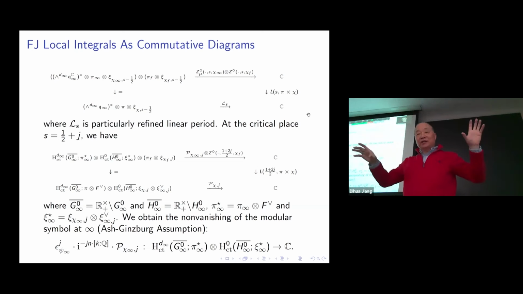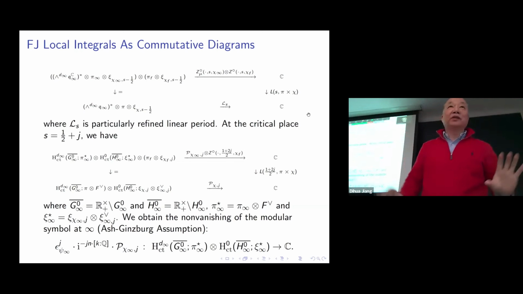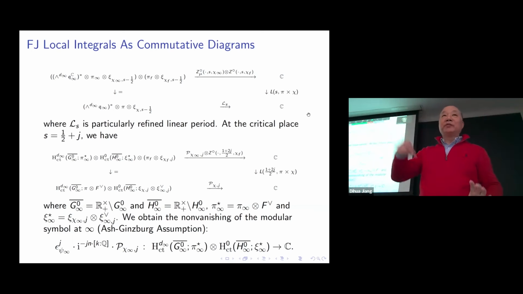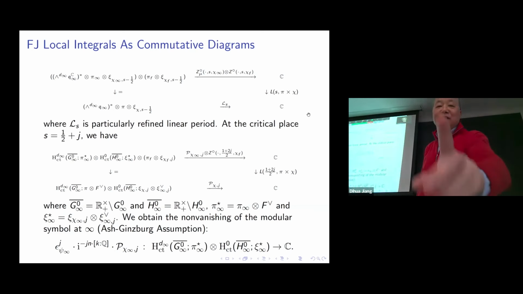And so this unfolding has this cohomological interpretation and becomes a commuting diagram. That's very important. So you get this, and then this Ginzburg assumption can be deduced from the existence of universal uniform test vectors.